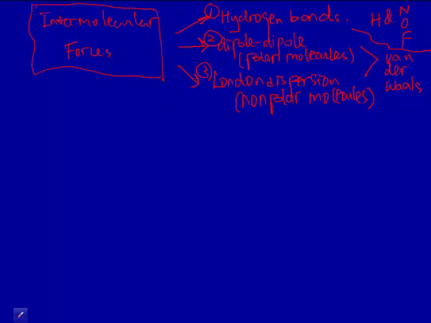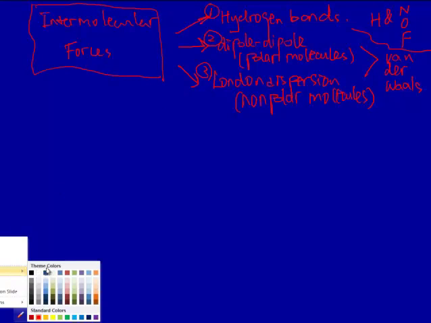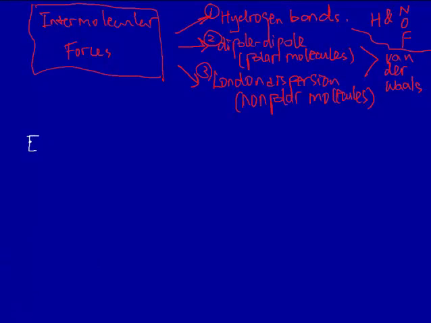Let's have a quick example. Take a look at the following compounds and elements, and tell which are capable of forming the hydrogen bond.